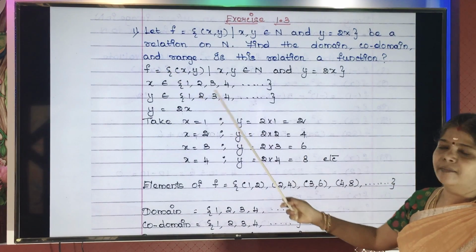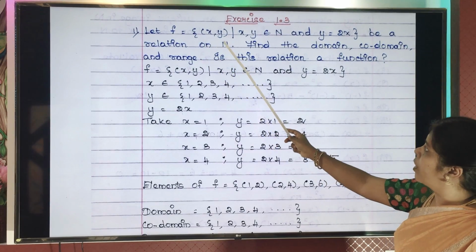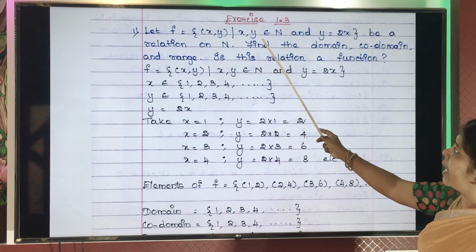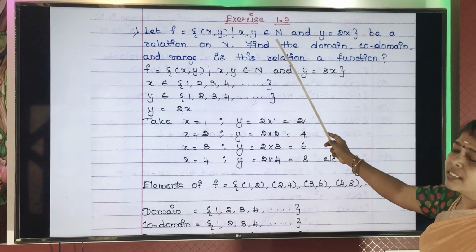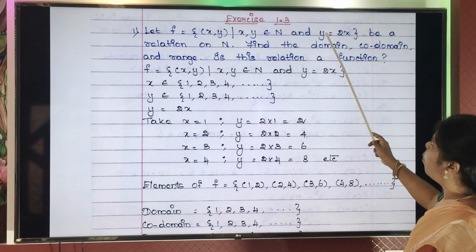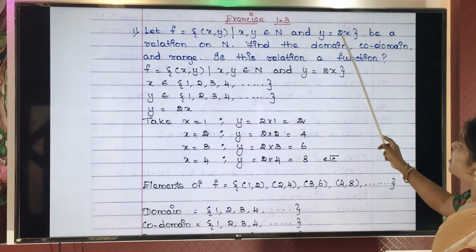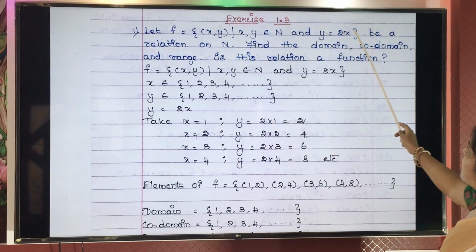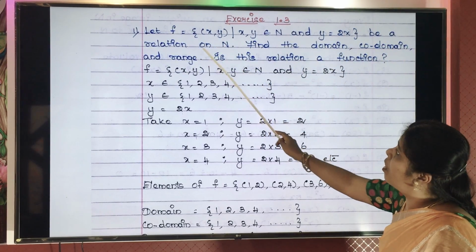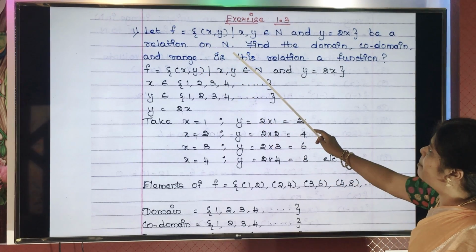The first one, let f be the set of ordered pairs (x, y) such that x, y belongs to N. N here denotes natural numbers, and y is equal to 2x. So the rule given here is y is equal to 2x. So this is a relation on natural numbers.